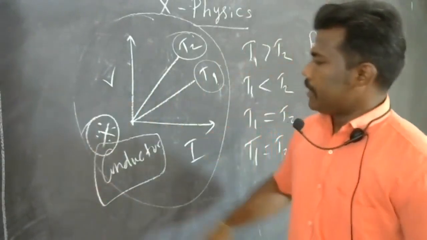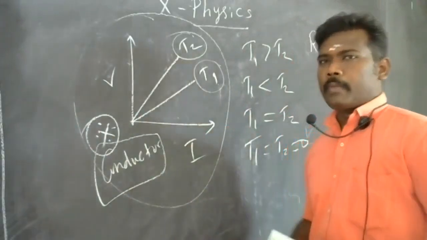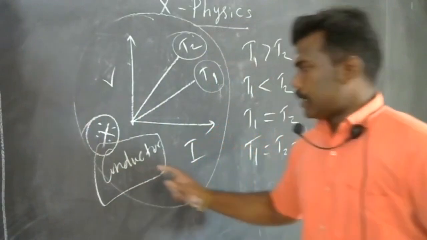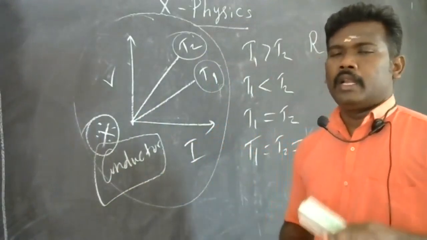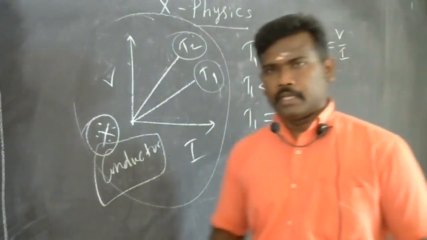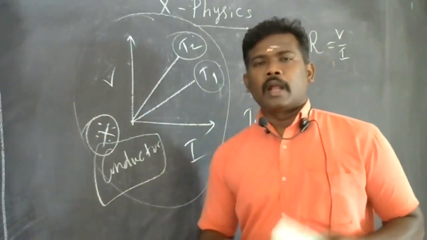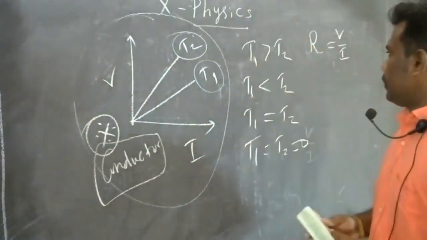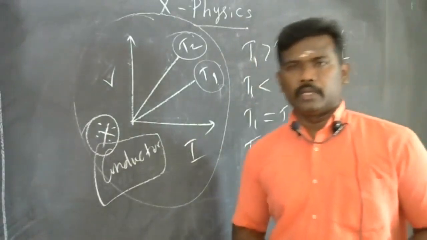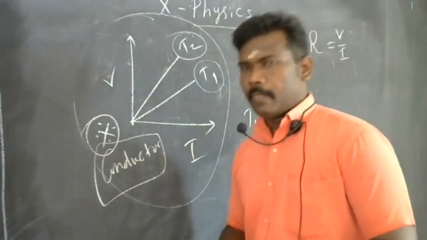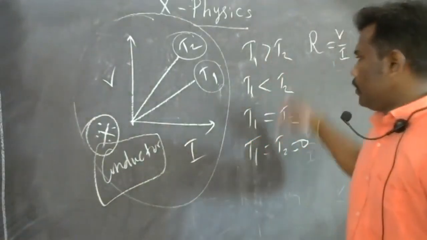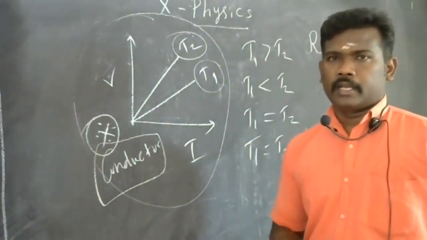We can apply the same concept for other types of material, semiconducting material and insulator also. Now I am selecting the conducting material at two different temperatures, T1 and T2. Now we are going to compare the values of T1 and T2. So these are the several possibilities: T1 greater than T2, T1 less than T2, T1 equal to T2, and T1 equals T2 equals 0. Now we are going to choose which relation is the correct one.